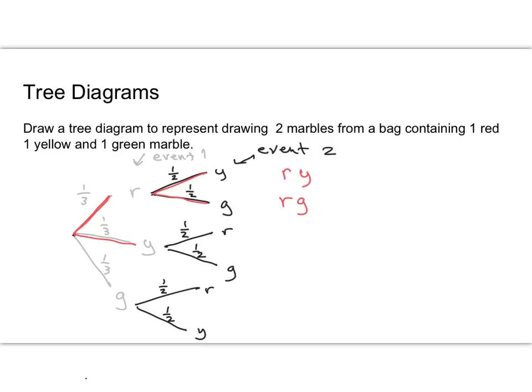I could draw yellow, then red. I could draw yellow, then green. I could draw green, then red. I could draw green, then yellow. And those are all my possible outcomes. This right here is my sample space.